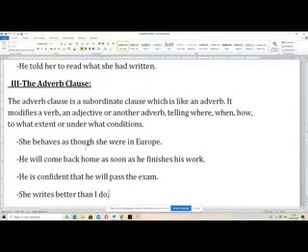So here we have a case of the adverb clause functioning as an adverb, modifying an adjective, which is confident. He is confident about what? Confident that he will pass the exam. So it's more related to the adjective, which means it is an adverb clause functioning as an adverb.